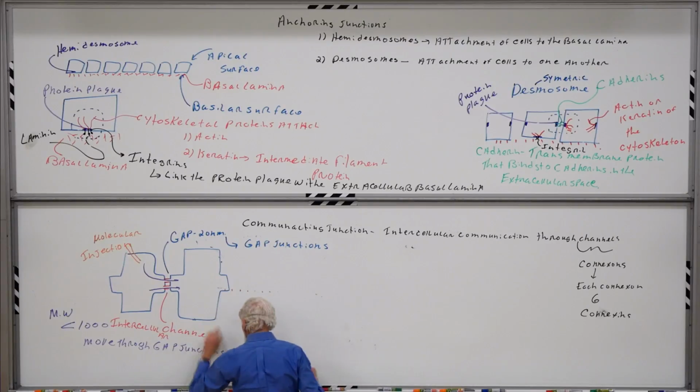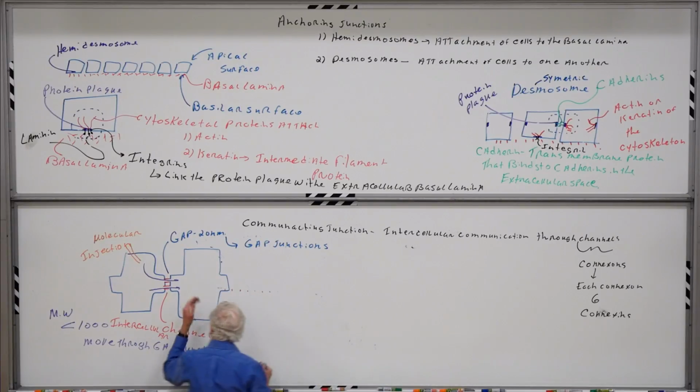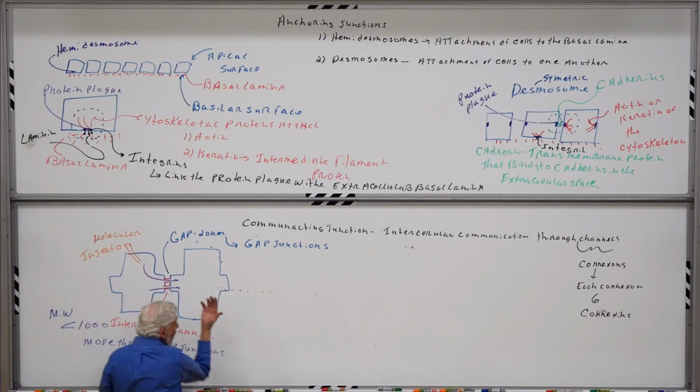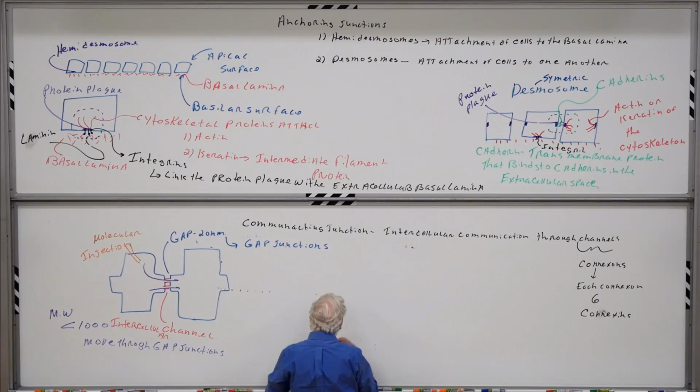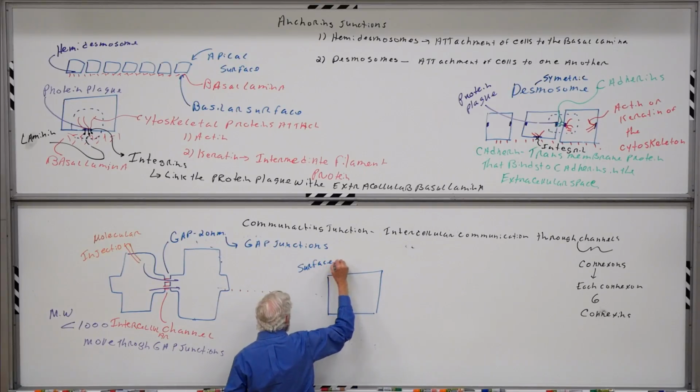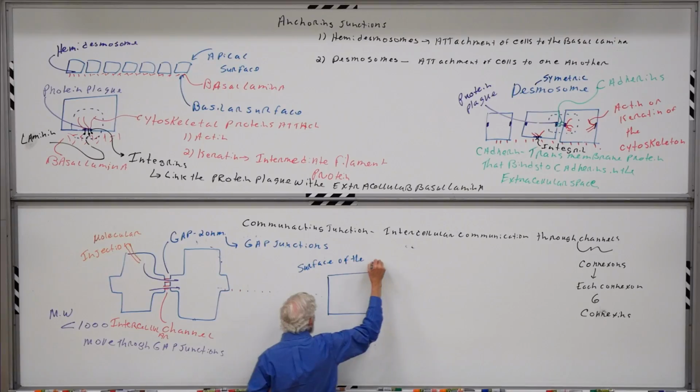Now, if we were to take this view and imagine if we stick our head inside the board, or we rotate this cell 90 degrees, so that we're now looking down on this surface. So this is the surface of the gap junction.